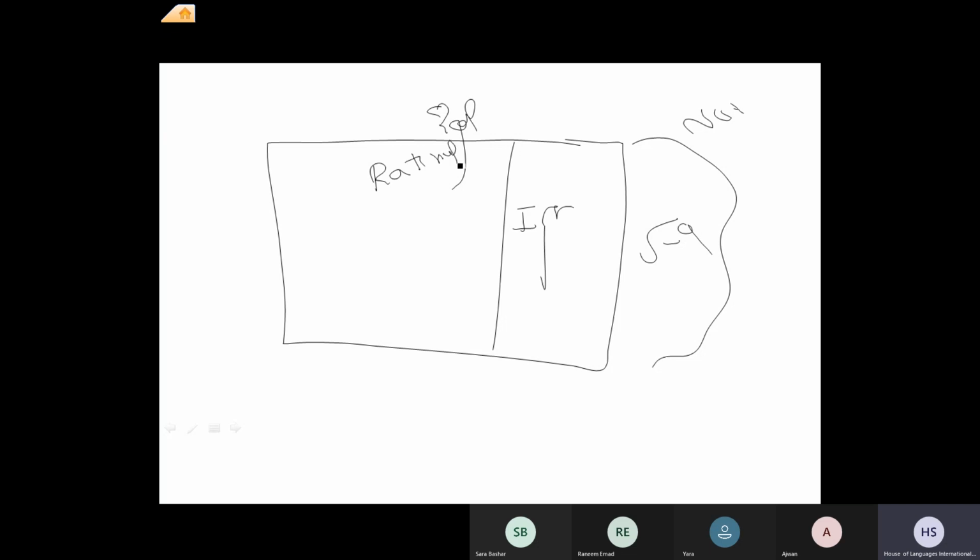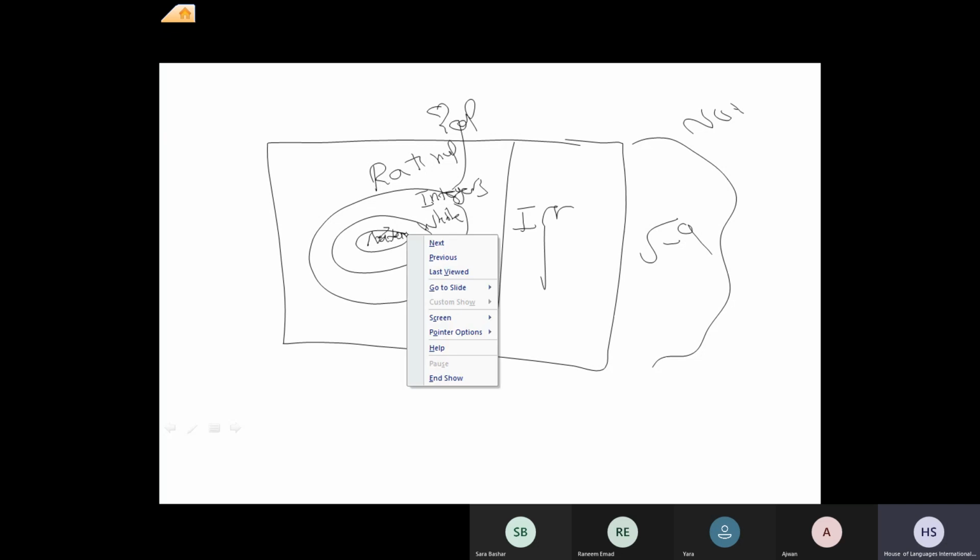Now, the rational, we have integers. And inside the integers, we have the whole numbers. And inside the whole, what do we have? Natural. Now, how do you understand this?